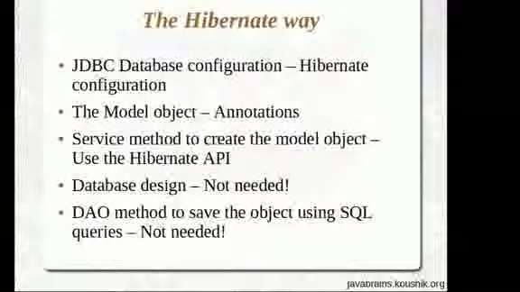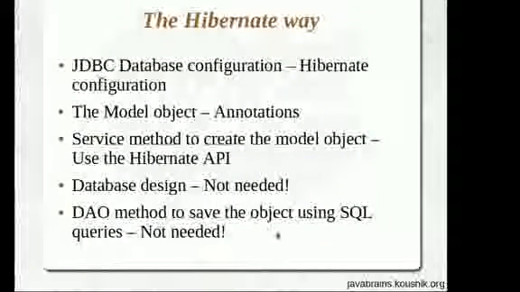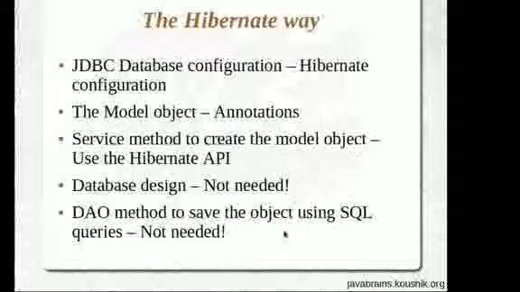As I mentioned here, the service method directly calls the Hibernate APIs, and the Hibernate APIs take care of saving the object. We don't have to write this DAO method where we take the objects, pull them apart, write SQL queries, execute them. All that is totally bypassed when we're using Hibernate.